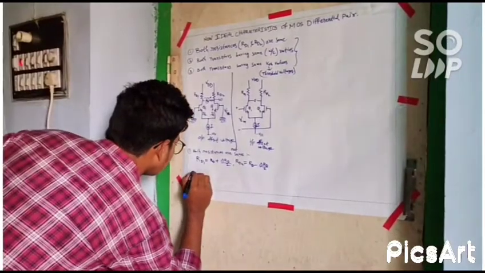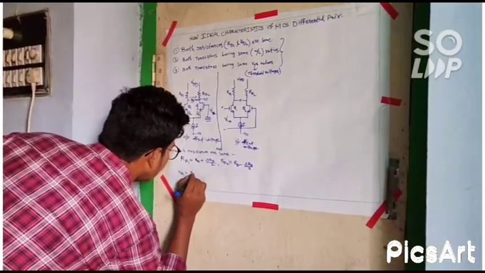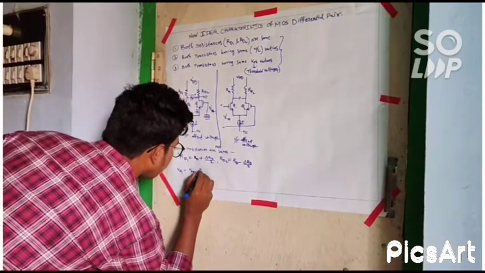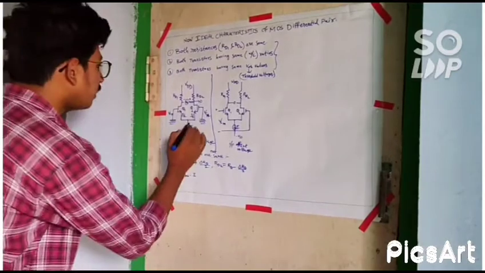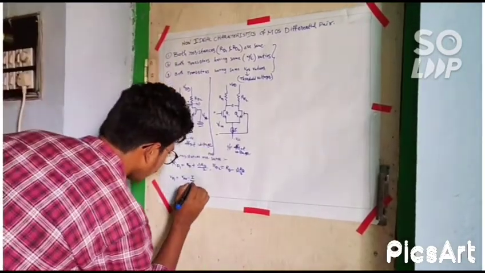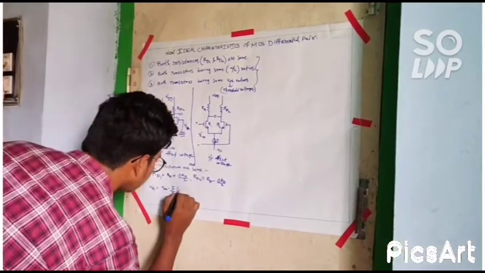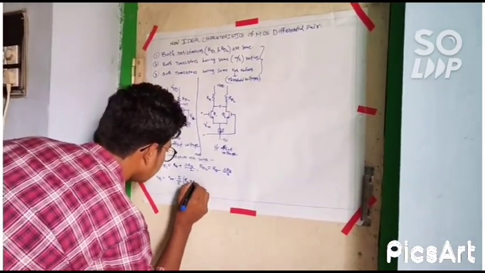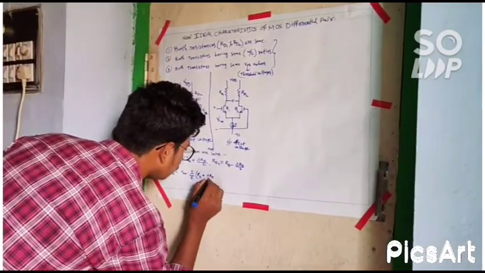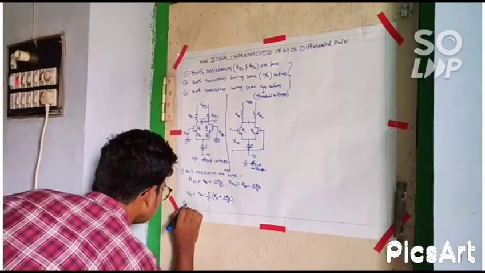Now the voltages are VD1 is equal to VDD minus I by 2 into RD1, since I is divided into I by 2. In place of RD1, substitute this value, RD plus delta RD by 2.